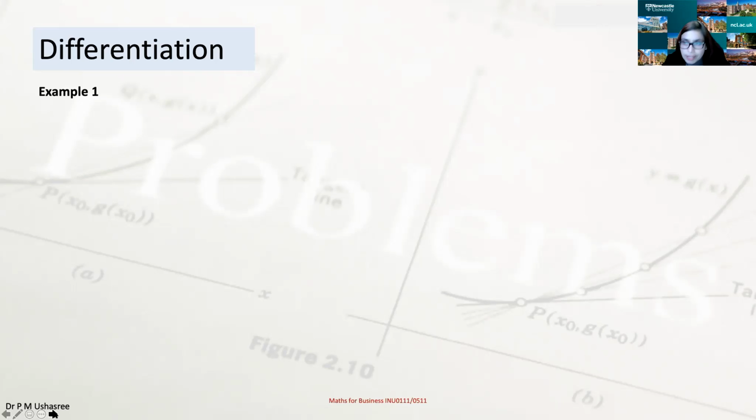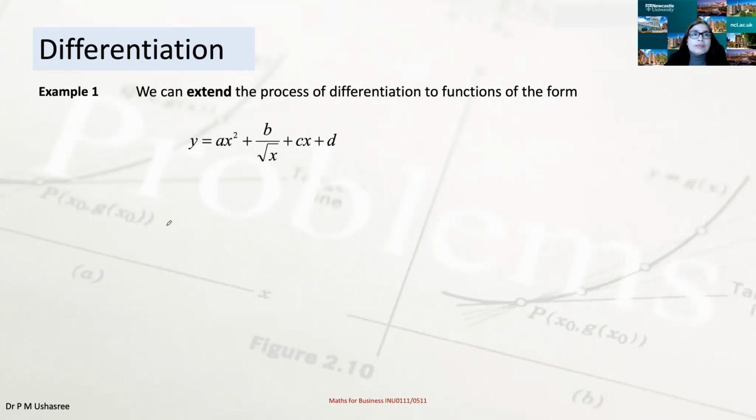So the first form is a function in this form, like addition, where a term is added to another term, and then added to another term, and then another term. So how do you differentiate functions of this form? You just differentiate each term using the formula.